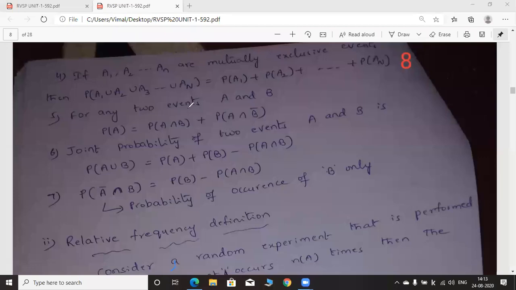Fifth property, for any two events, capital A and capital B, P of A is equal to P of A intersection B plus P of A intersection B bar.